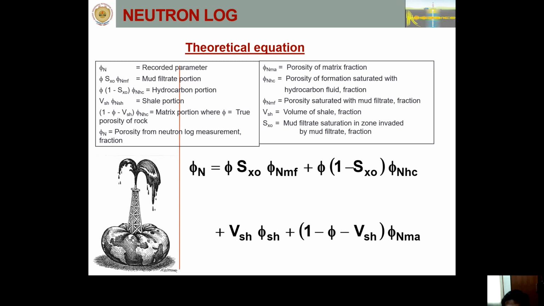Phi (1 minus Xo) phi nhc is the most important part, which is the hydrocarbon portion.